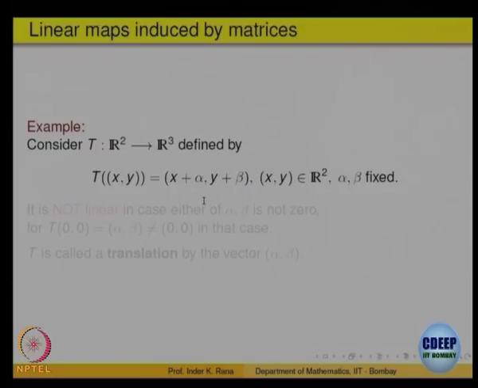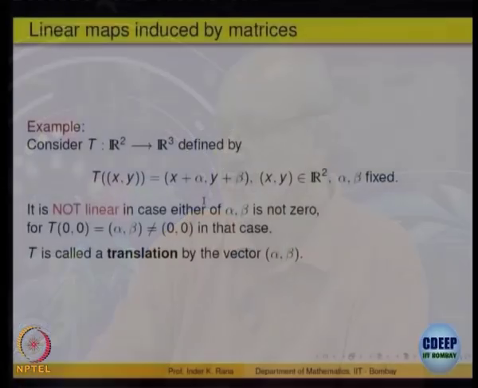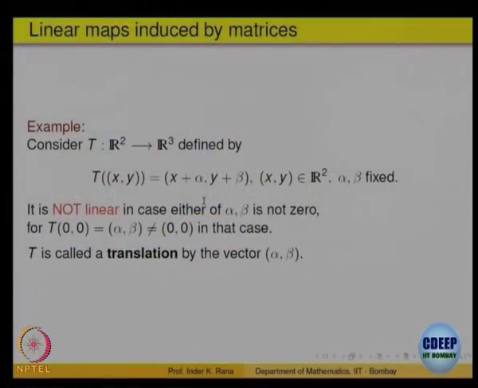So, translations in the plane, or even in R3 or in any Rn, are not linear transformations, because they do not leave 0 fixed, unless the translation is by the trivial vector. So, this is called translation. Keep in mind, translations are not linear. Whenever you want to check whether something is linear or not, the first thing you should check is whether T of 0 is 0 or not, right.